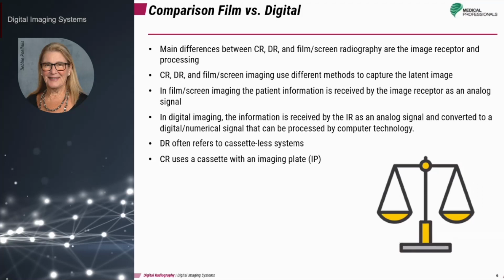Those terms, latent image and manifest image, were terms that we all learned when we went through our radiography programs. Again, DR often refers to cassetteless systems, whereas CR uses a cassette with an imaging plate.